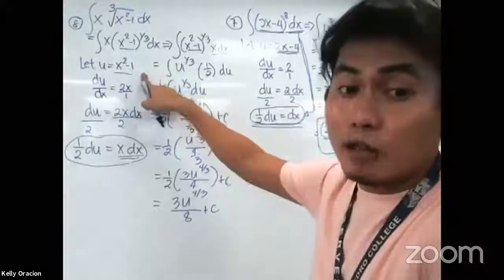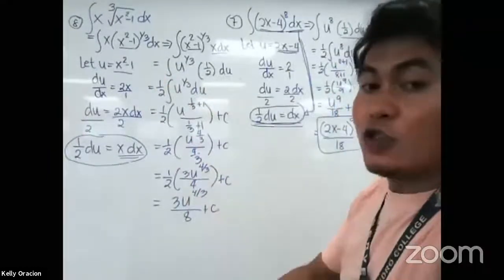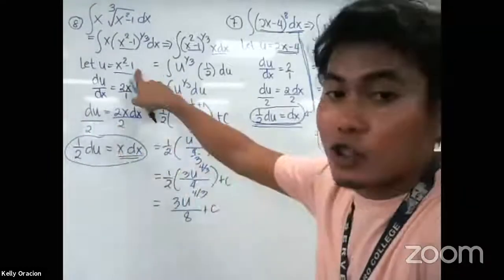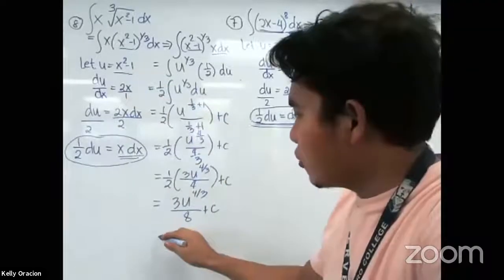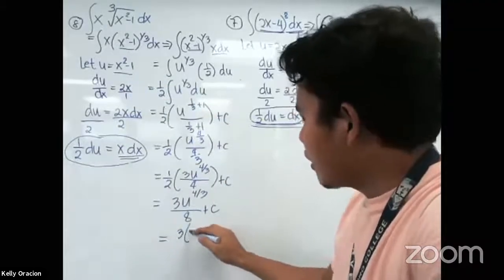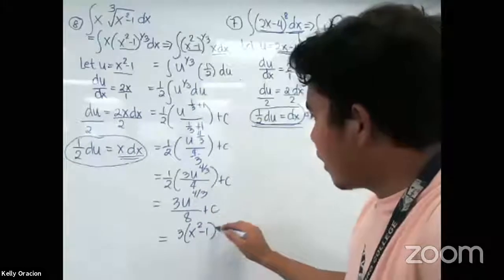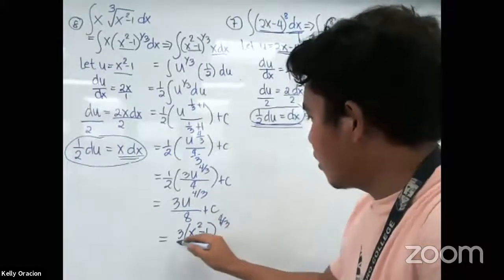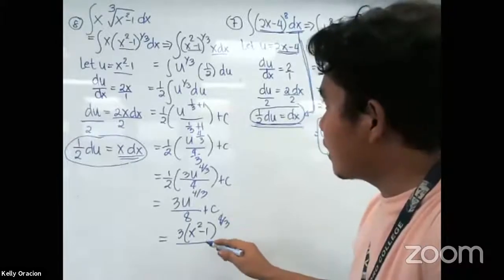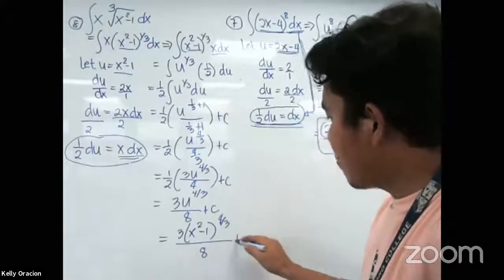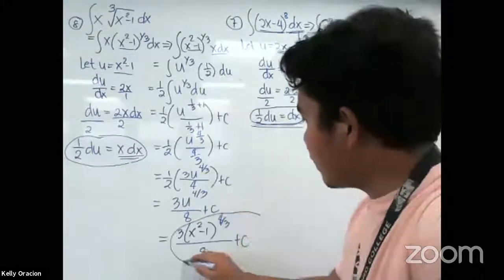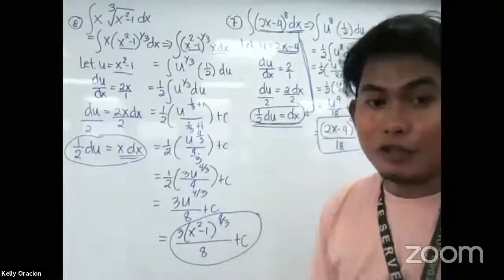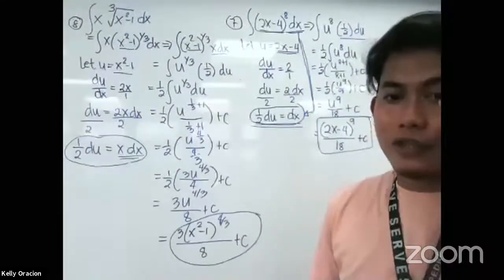Isn't it that x squared minus 1 was u? So return it into x squared minus 1. So substitute, so 3 times x squared minus 1 raised to 4/3, over 8 plus c. So this is now your answer. Okay? This is now your answer.